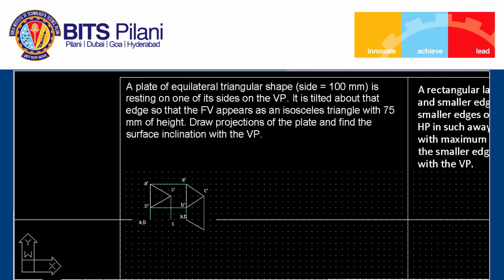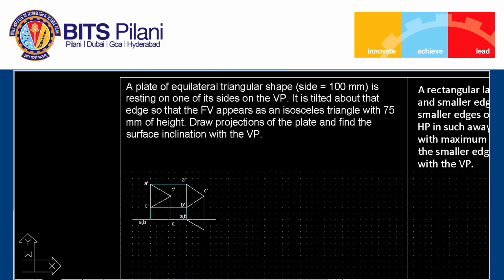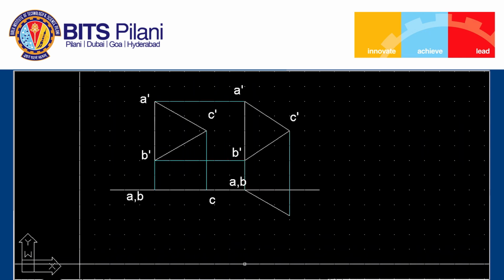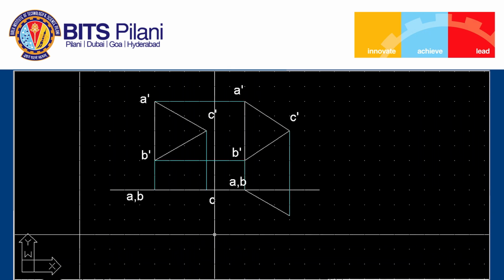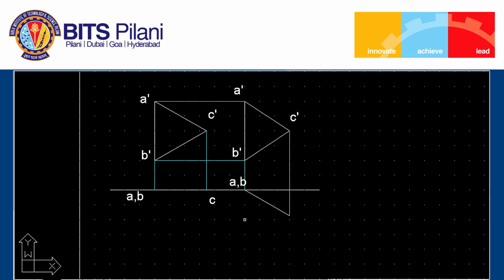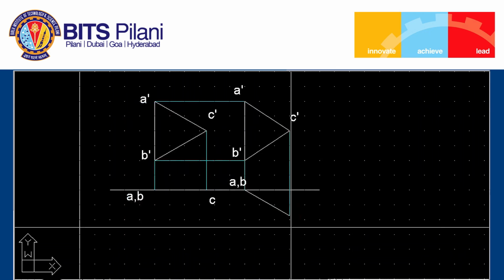So this is the XY line, and we can measure the angle of the plate with the vertical plane. You have to use the dim command to measure the angle. So the angle is coming equal to 30 degrees.